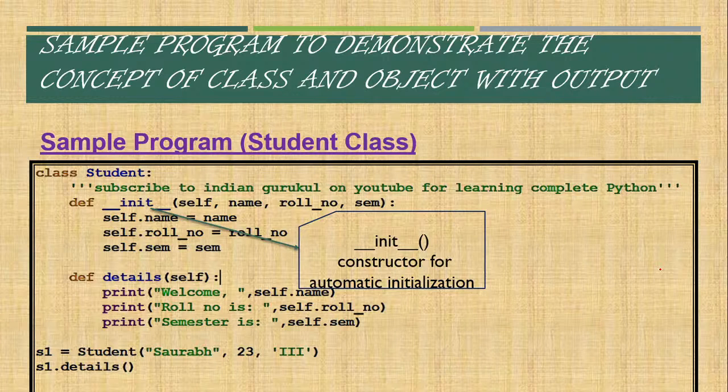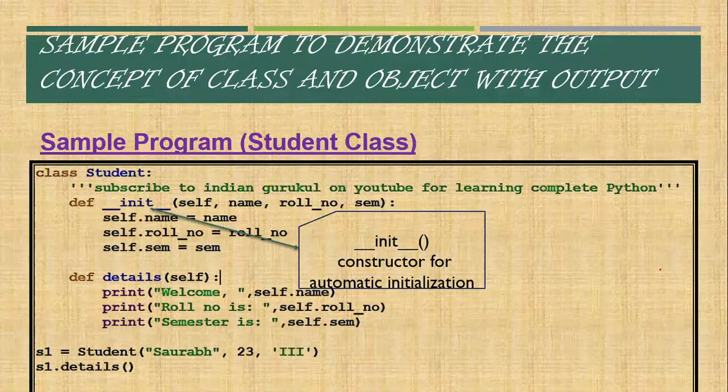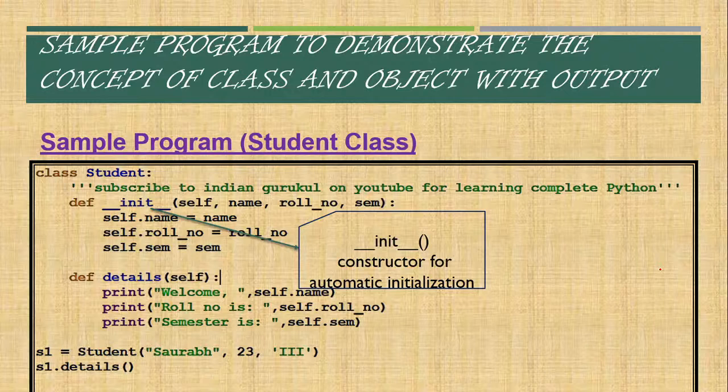This was the thing. And we can even use the constructor. If we use the constructor method, then this method will be called implicitly, so in this case we do not need to call the set details method.